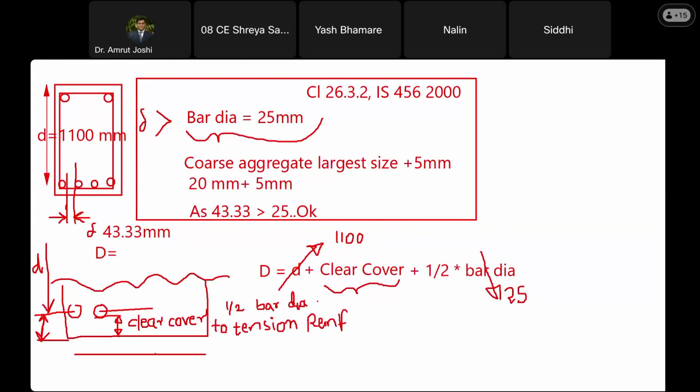That stirrup will be seen something like this. And it will be seen in double line because it is a bar. Are you with me? So it has a top edge and bottom edge. Happy? Yes, sir.